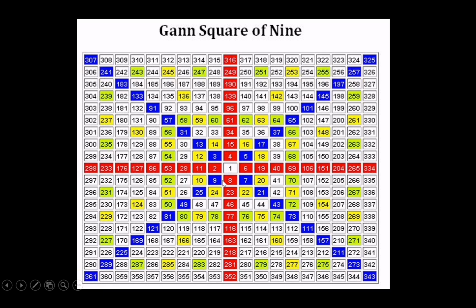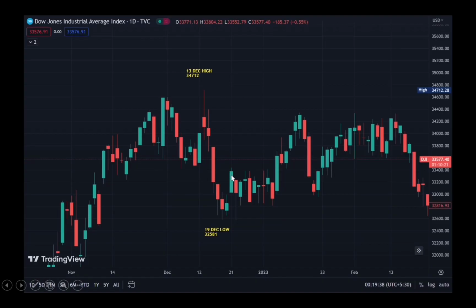Let me show you how this works with an example. We have the Dow Jones 13 December 2022 high of 34712 and 19 December low of 32581. Now we need to find these numbers in the Square of 9.